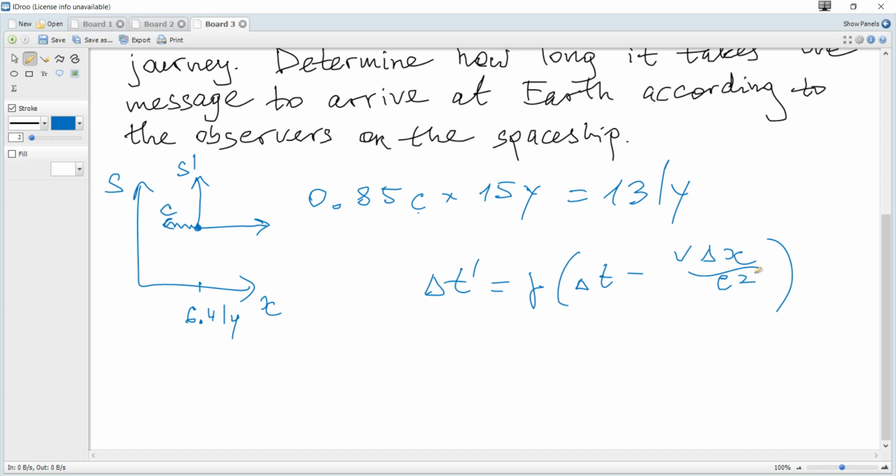It's actually the same, but for previous examples, when we use just time dilation or length contraction, it's because this term is equal to 0.